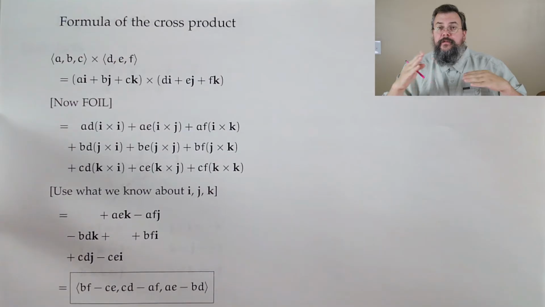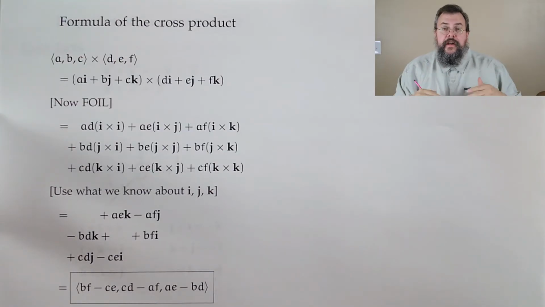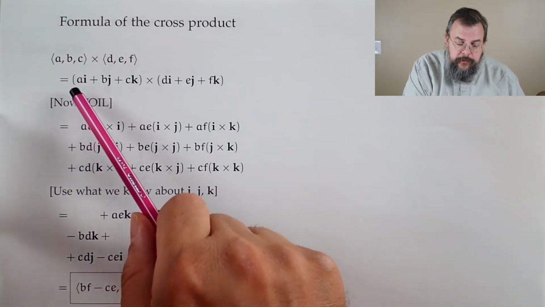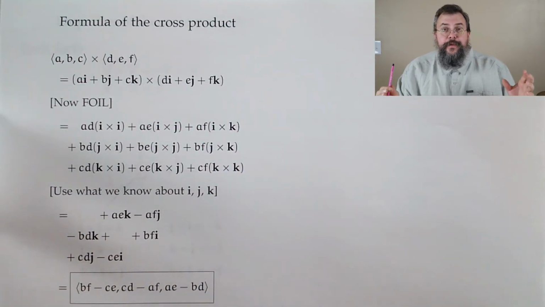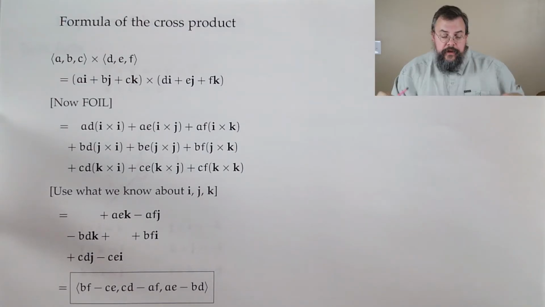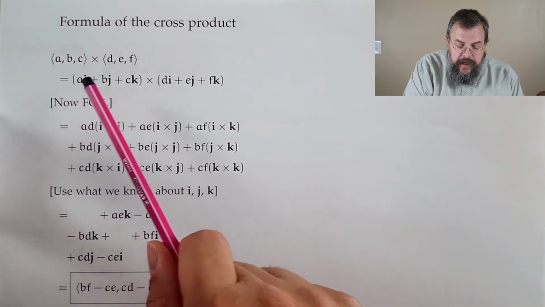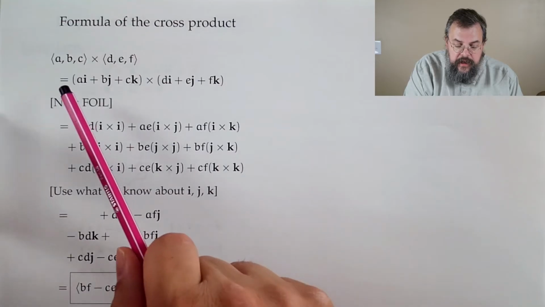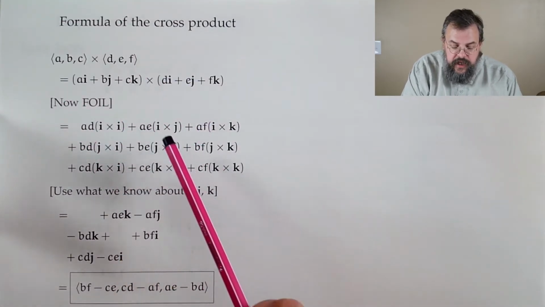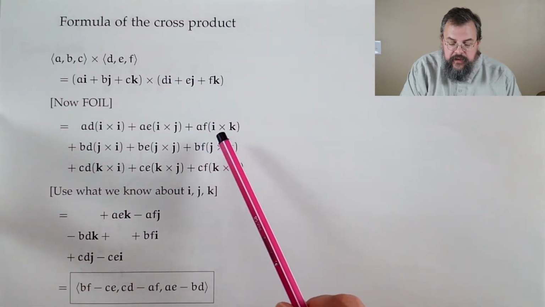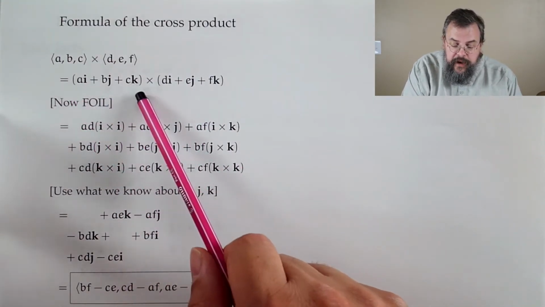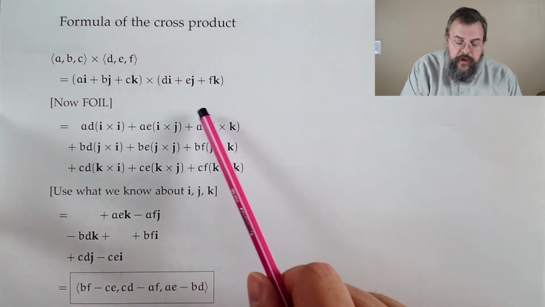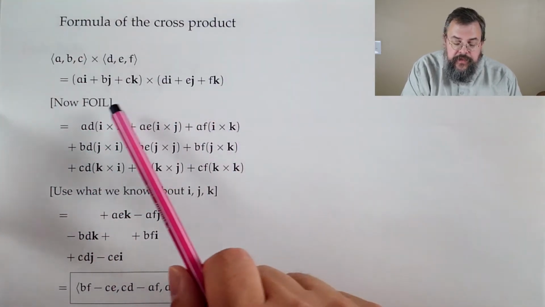And when we talk about foiling, which is about distribution, it says you take one term from the first, one term from the second, in all possible ways. And then we say, okay, put it all together. So, for example, ad, i cross i, ae, i cross j, af, i cross k, and so forth and so on. So since there's 3 possibilities here and 3 possibilities there, we get 9 terms.